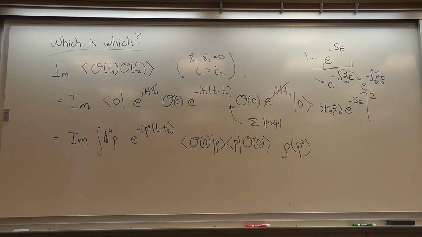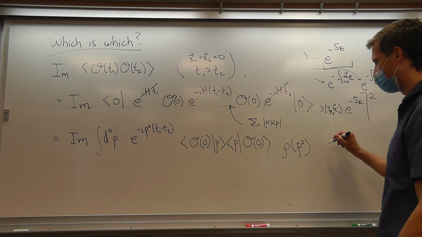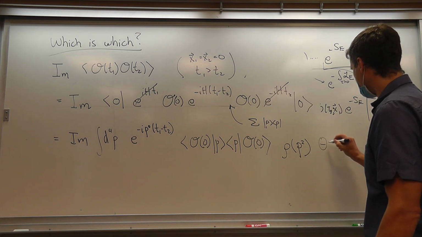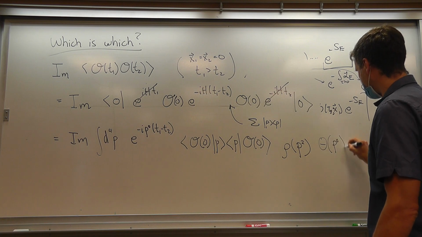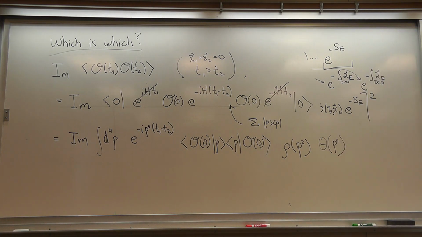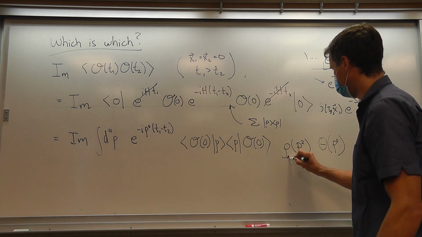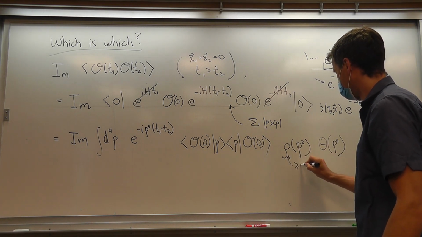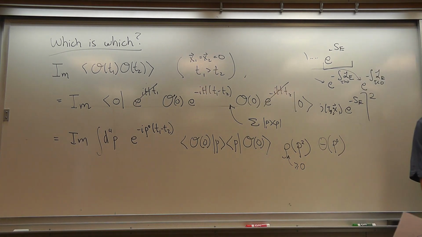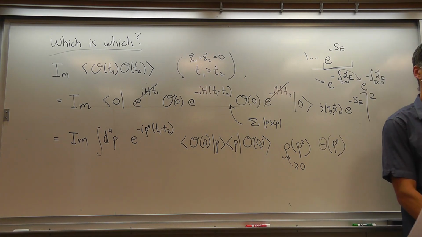The density of states can't depend on the vector components. And secondly, it can only be supported at positive energy, so there's a theta function of p0. This density of states here is greater than or equal to 0.